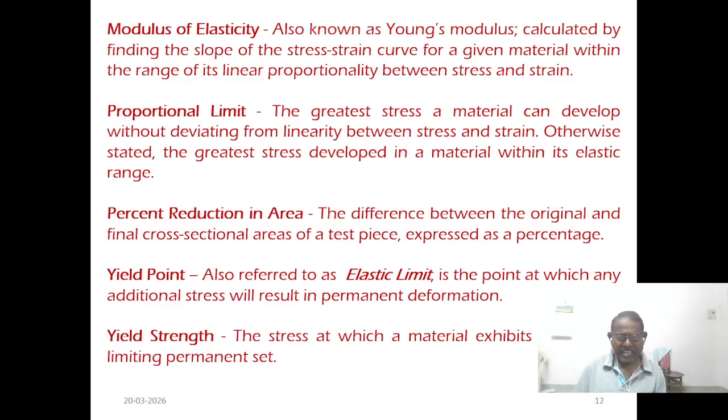Percentage reduction in area is the difference between the original and final cross-sectional area of the tested specimen, expressed in percentage. Yield point, also referred to as elastic limit, is the point at which any additional stress will result in permanent deformation. Yield strength is the stress at which the material exhibits a specified limiting permanent set.